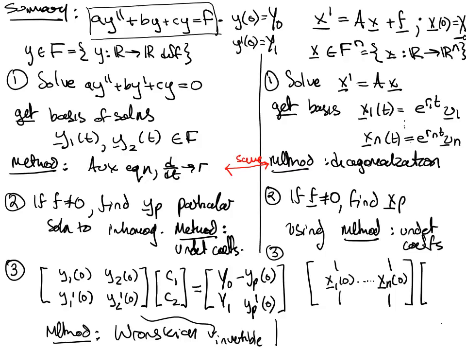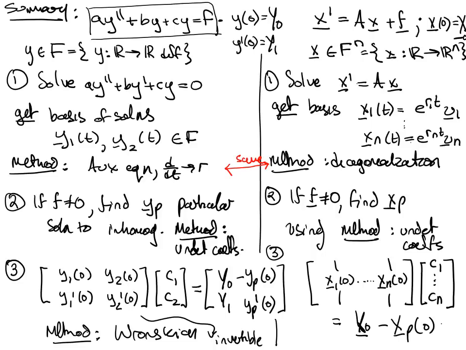So the linear combination looks like this. It has n coefficients, and this should be equal to whatever my initial data is, minus my particular solution at 0.